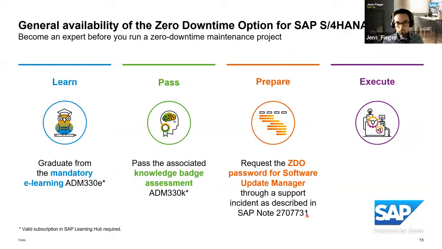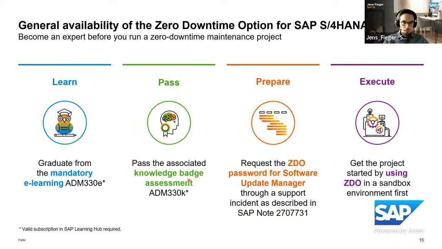And it's very important: if you open up the incident asking for the password, you always have to also attach the URL to the Credly badge of the knowledge badge assessment. Otherwise, the support colleague can't send over the password to you. And then you're good to go.